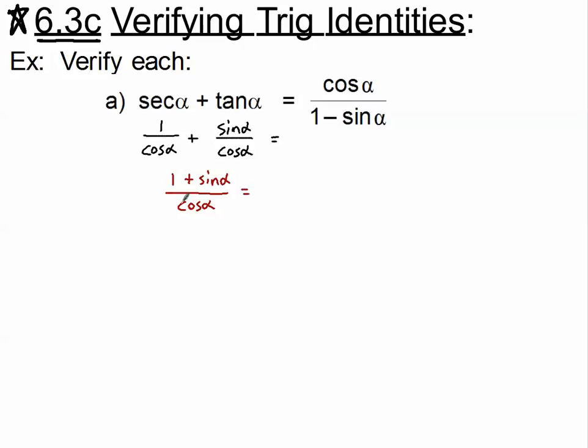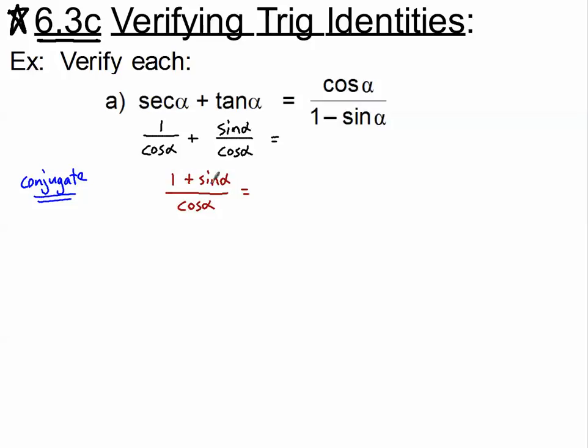I need 1 plus sine of alpha over cosine to be equal to cosine over 1 minus sine of alpha. We haven't seen this situation yet, but this is a common situation. This is our conjugate situation. A conjugate is when you change the middle sign. 1 plus sine of alpha doesn't really help us.